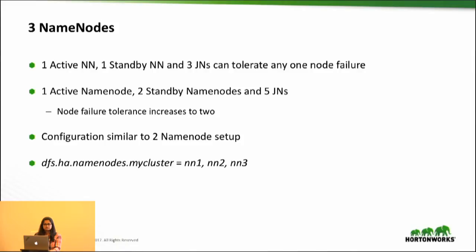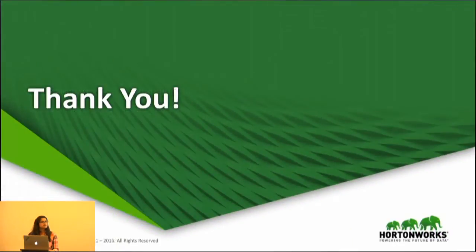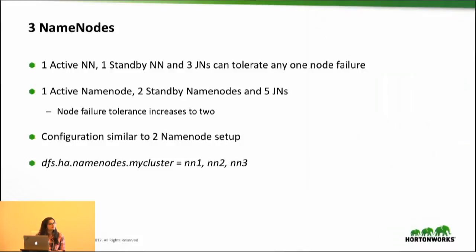But that's, sorry, yeah. So what happens if you have one active name node, 2 standby name nodes, and still remain the same 3 journal nodes instead of 5? Then the system would tolerate only one node failure.